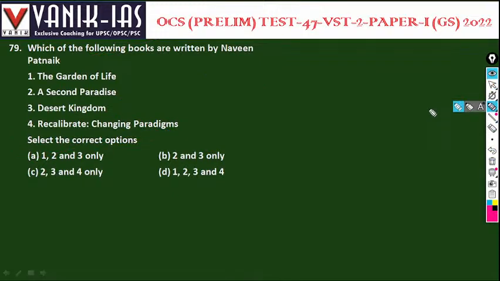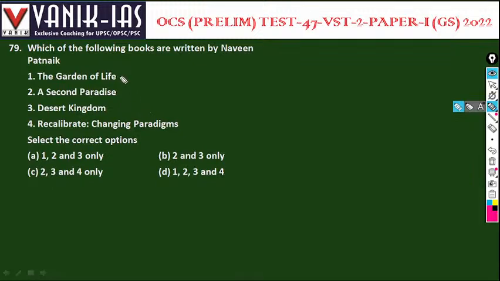Which of the following books are written by Naveen Patnaik? The Garden of Life, A Second Paradise, Desert Kingdom, Recalibrate Changing Platforms.